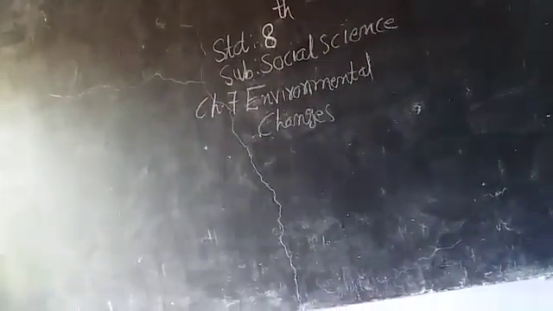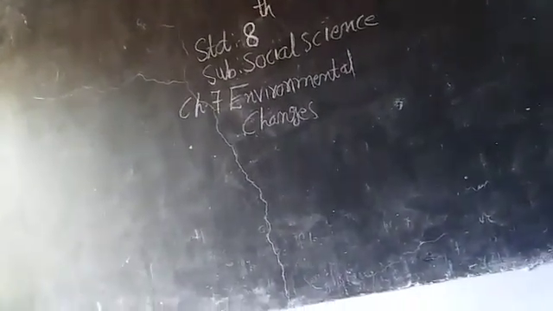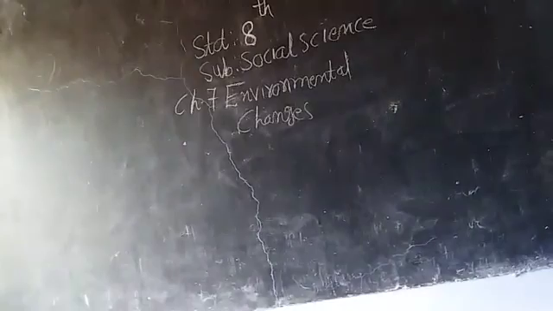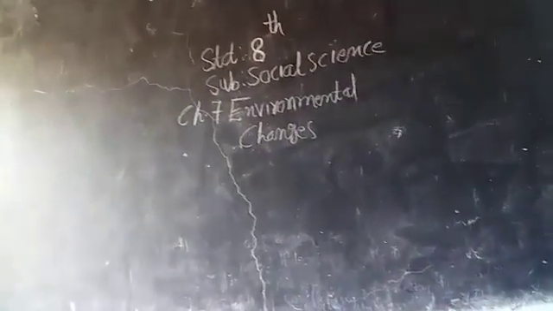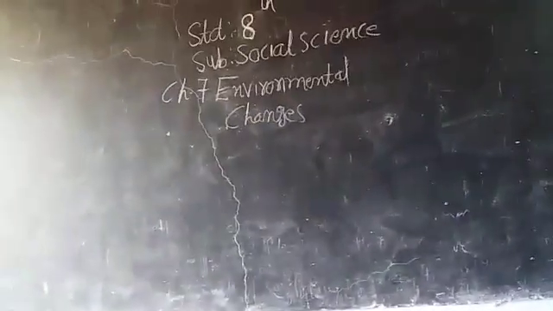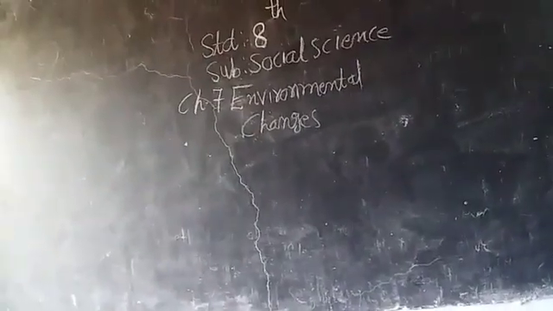Next question: what special efforts will you undertake to retain a purified atmosphere? I will take up the following efforts to retain a purified atmosphere. Number 1, I will grow trees, rear them and nurture them. I will grow vegetation in the land surrounding my house.